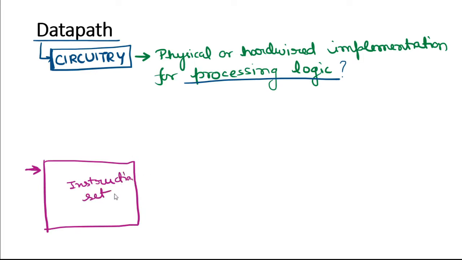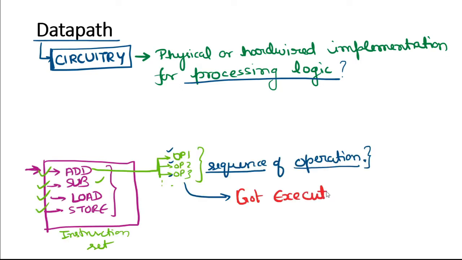And what is instruction set? Whenever all these operations are performed sequentially, then we say that this particular instruction or the corresponding instruction got executed.